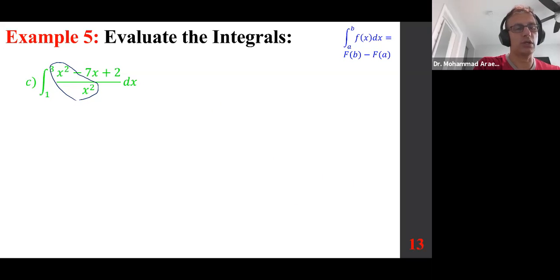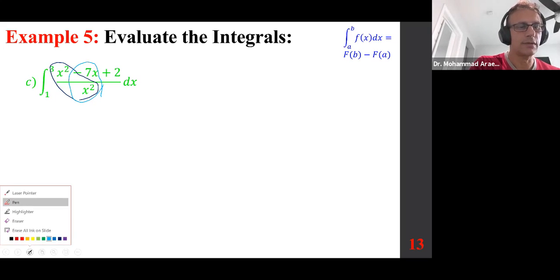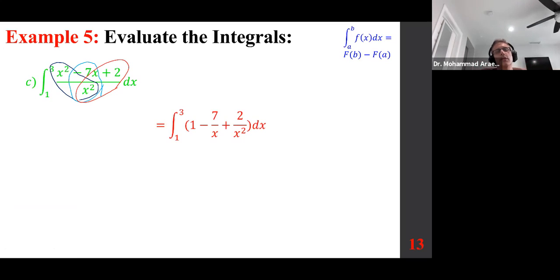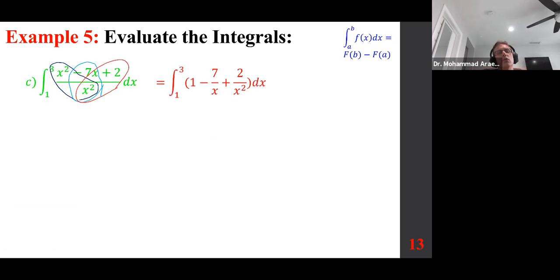This one gives you 1. This one gives you minus 7x over x squared, or minus 7 over x. This one gives you plus 2 over x squared. So we cut it into 3 fractions. This is our algebraic step.